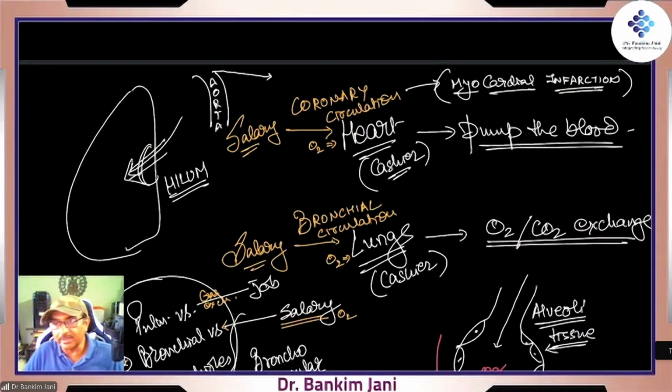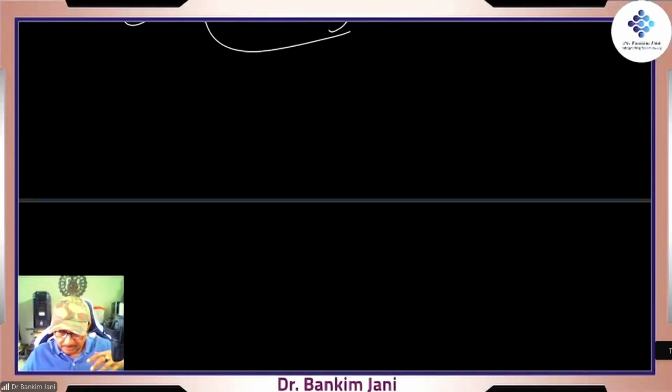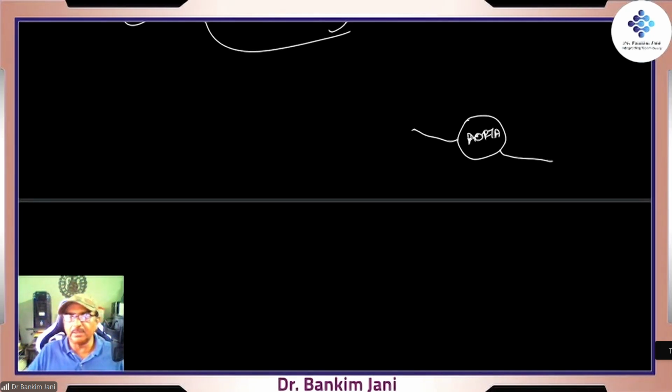So there are aortic sinuses which are emerging right from the root of the aorta. Absolutely. So that aortic sinus goes into the form of coronary circulation. When we'll be studying circulation, we find that when we look from the top, this is the aorta. Right? So right from the root, these emerge.